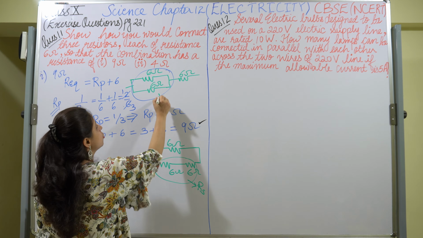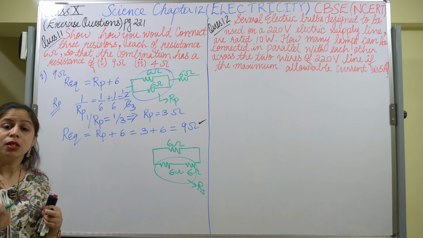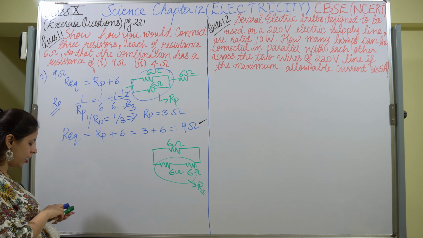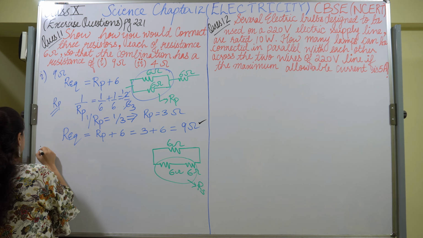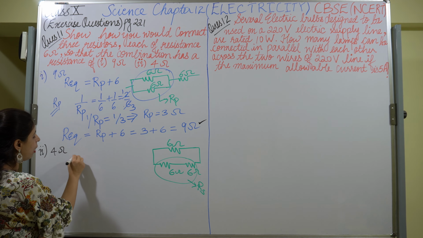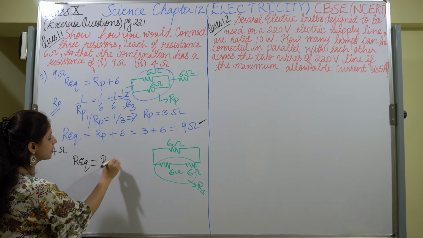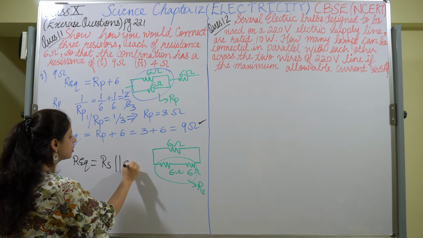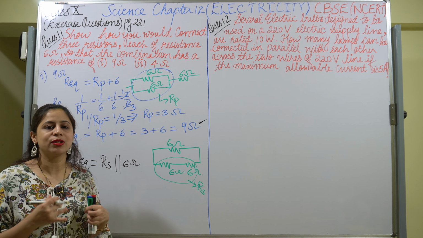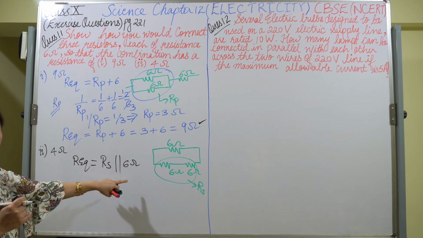Here it was Rp, but here it is forming the series circuit. Let us find out R equivalent in the second case. Here R equivalent will be equal to Rs parallel to 6 ohms. It will not get directly added up because they are not in series, they are in parallel.